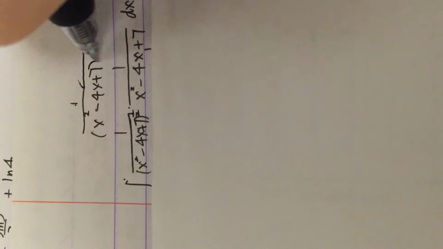You can do an integral like this because 1 on x squared minus 4x plus 7 to the power of 3 on 2 equals 1 on x squared minus 4x plus 7, to the power of 3 on 2, that would be 1 plus 1 on 2, so it becomes this.